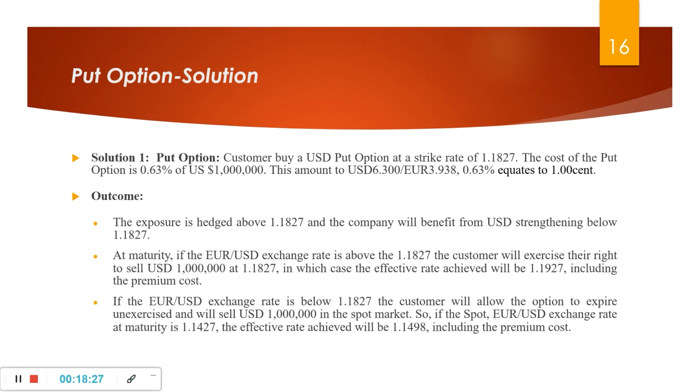If the euro/USD exchange rate is below 1.1827, the customer will allow the option to expire unexercised and will sell USD 1 million in the spot market. So if the spot euro/USD exchange rate at maturity is 1.1427, the effective rate achieved will be 1.1498, including the premium cost.